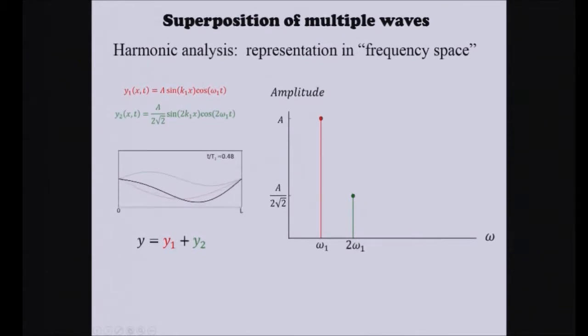So you can see here, at the fundamental frequency omega 1, we had an amplitude of A. So at omega 1 on the x-axis, we go up an amplitude A. At the frequency of 2 omega, our amplitude was A divided by 2 root 2, so it wasn't as big. So that's what we're plotting here. Okay? We're going to make use of this in a minute.